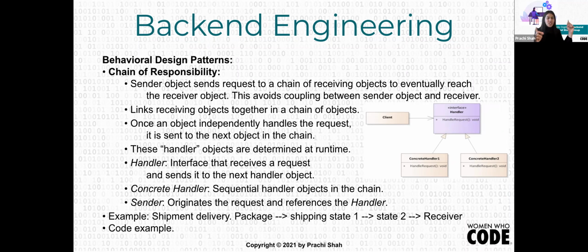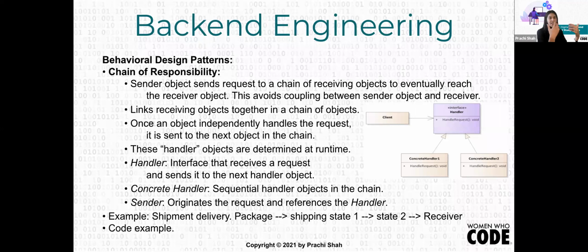So this becomes a chain of responsibility for passing that message. This avoids tight coupling between sender and receiver, so if the sender changes for whatever reason, the receiver doesn't break, because the intermediary objects are responsible for still passing the data.